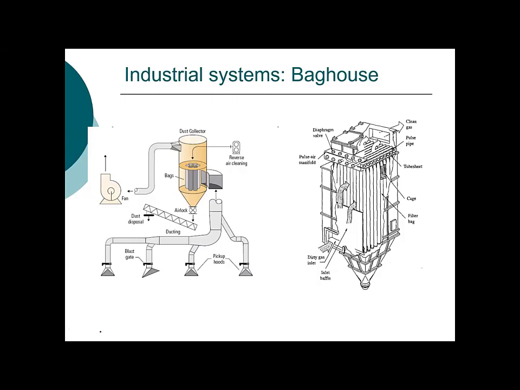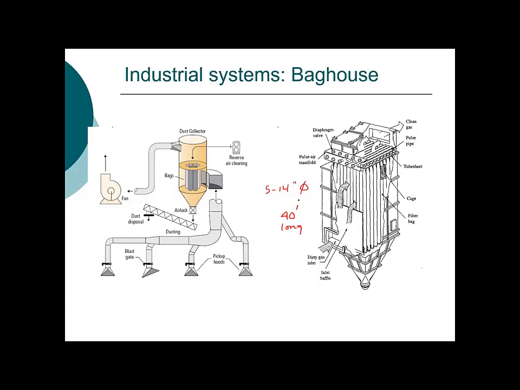So I mentioned Baghouse filters a number of times. These are typical Baghouse filters using a bag similar to a vacuum bag, except these are much, much larger. These can be up to 40 foot long. They can be somewhere between 5 and 14 inches in diameter.